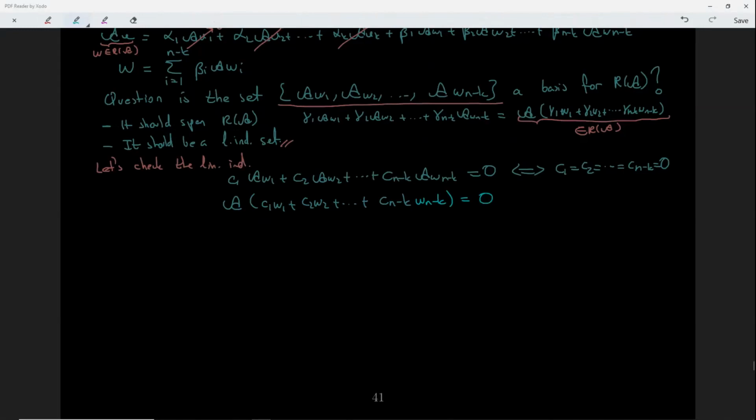If this equation is satisfied, what can we tell about the vector in the parentheses?